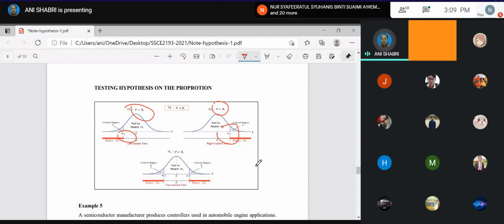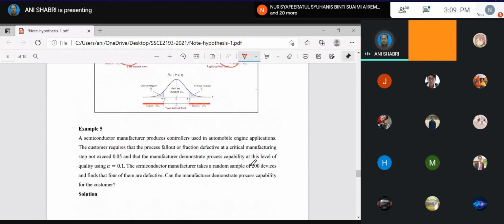Okay, we look at the example 5. A semiconductor manufacturer produces controllers used in an automobile engine application. The customer requires the process fallout, or fraction defective, at a critical manufacturing step not exceed 0.05, and the manufacturer demonstrates process capability at this level of quality using alpha 0.1.